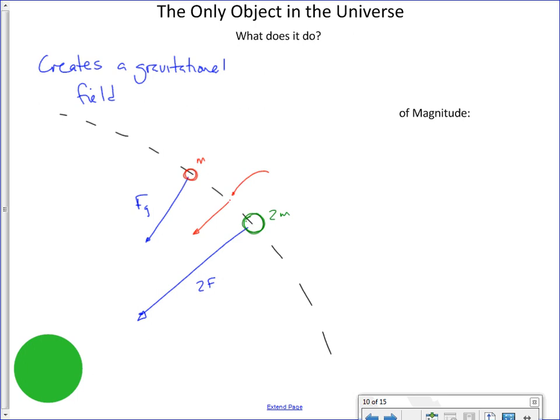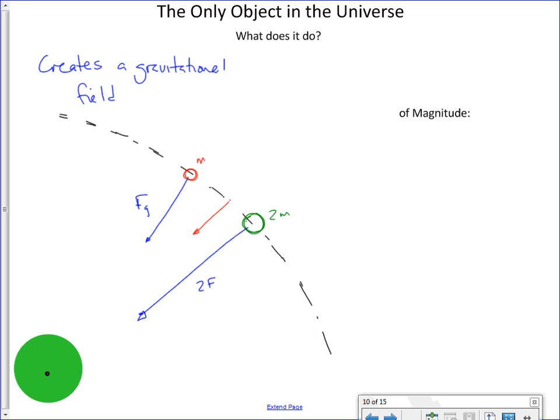That's a location in space. At every location in space, there exists some gravitational field. If a mass were to be placed there, that mass would experience a force. All right? But here's the thing about the field. Notice, there's the same exact field strength everywhere on this dotted line. We said the strength of the field depends on how far away you are from the center of this mass.